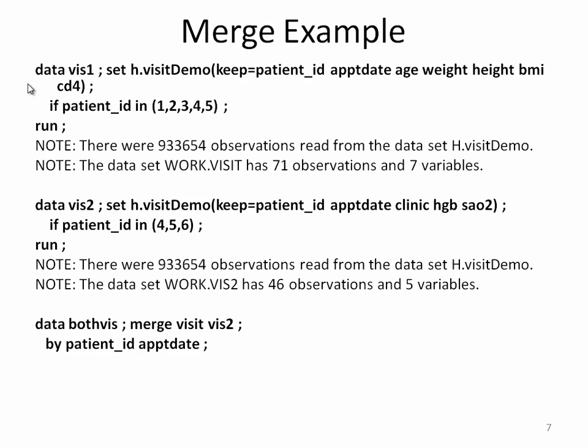So will patient ID be in there? Okay. Appointment date. That's 2. Age 3. Weight 4. Height 5. BMI 6. CD4 7. Patient ID. Do I count that one again? No, because I already counted it, right? How about appointment date? No, already counted it, okay? So clinic, hemoglobin, and SaO2. So there'll be 10 variables in that final data set. Can you tell how many observations will be in that final data set?